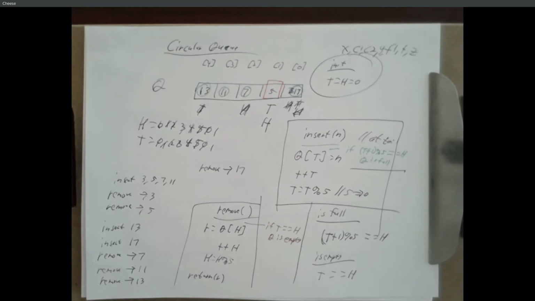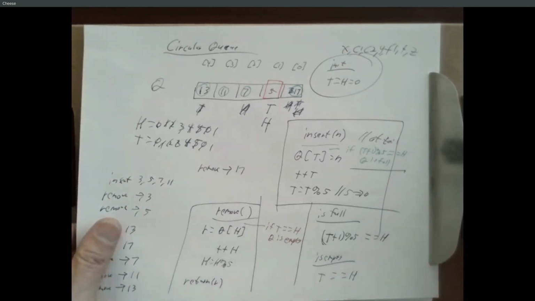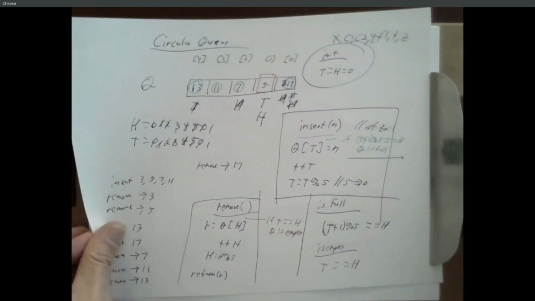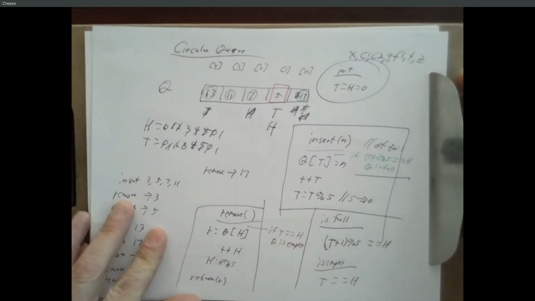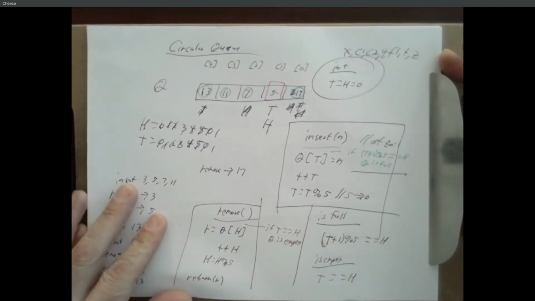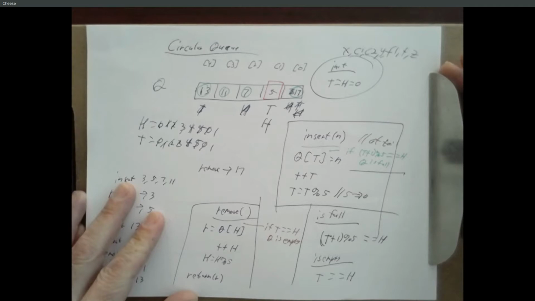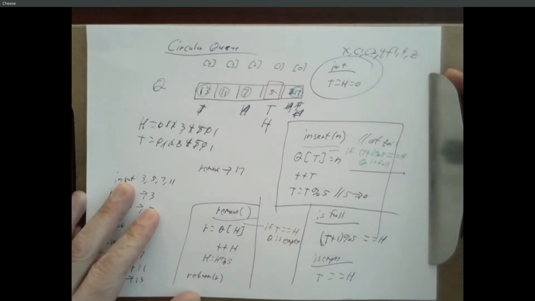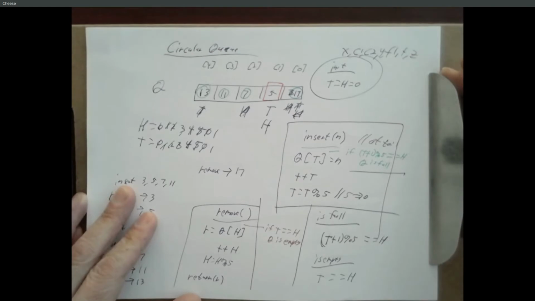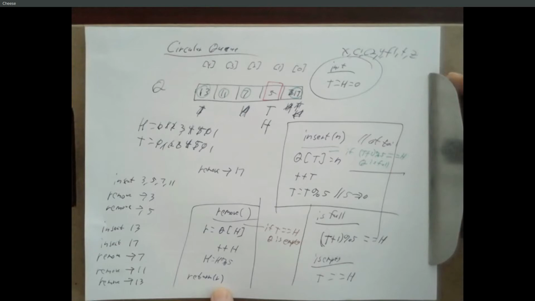Using an array. And you don't have to do anything funny, and in PA3 I'm going to ask you not to do anything funny. For example, if you remove something and the queue is empty, you could set your tail and head back to 0, right?